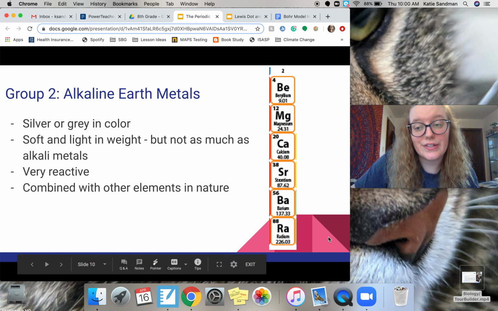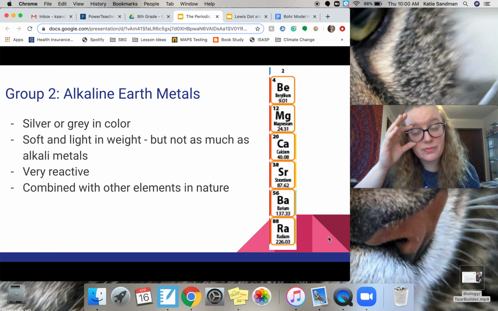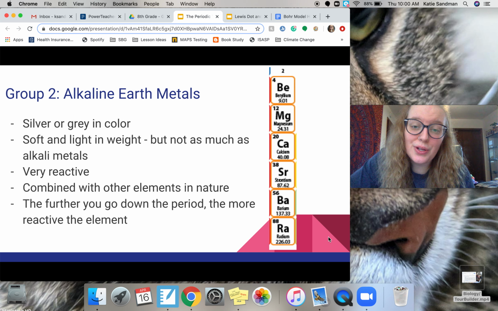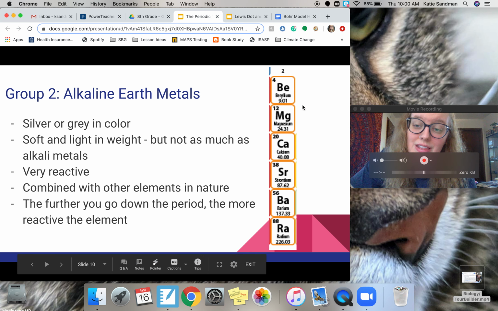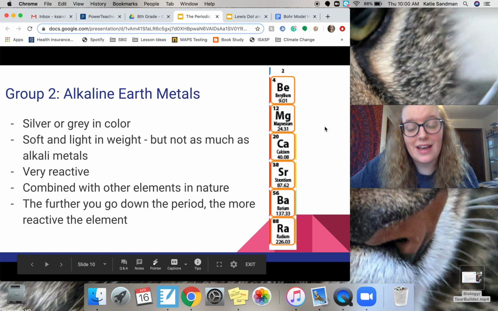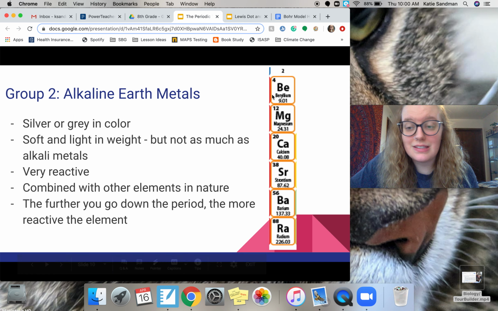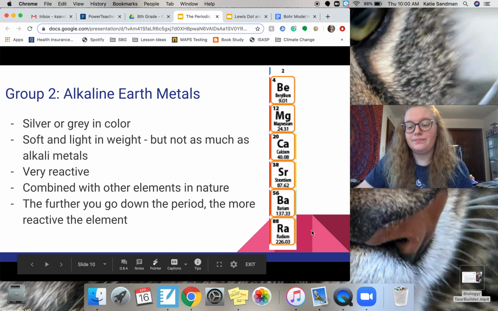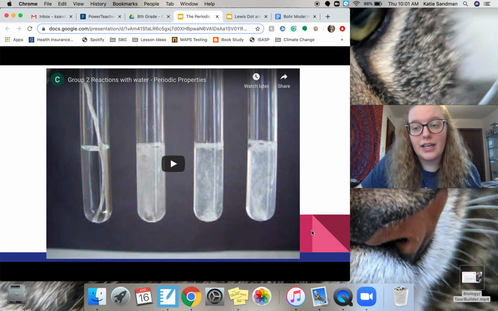So kind of like our first group, but these ones are not as reactive as our first group, so just keep that in mind. And again, the further you go down into this group, the more reactive the elements get. So beryllium is the least reactive, down to radium, which is the most reactive in this group. Again, another video. If you want to watch it, you can on your own time.